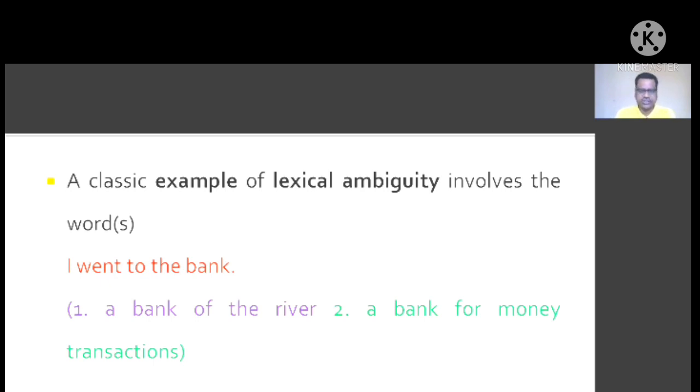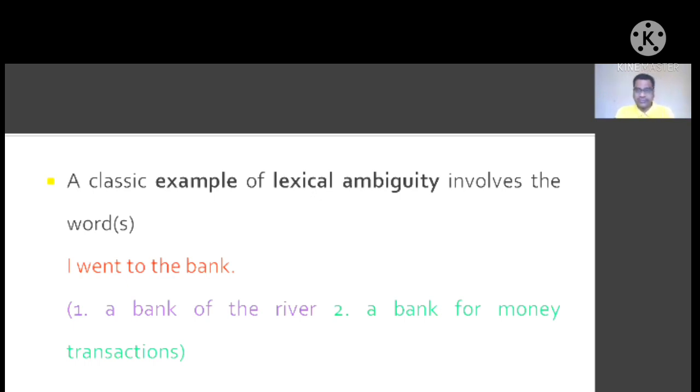It's a commercial spot, authorized spot. Whereas the word bank also means a bank of a river. So here when I say I went to the bank, it means I went to a bank of the river.